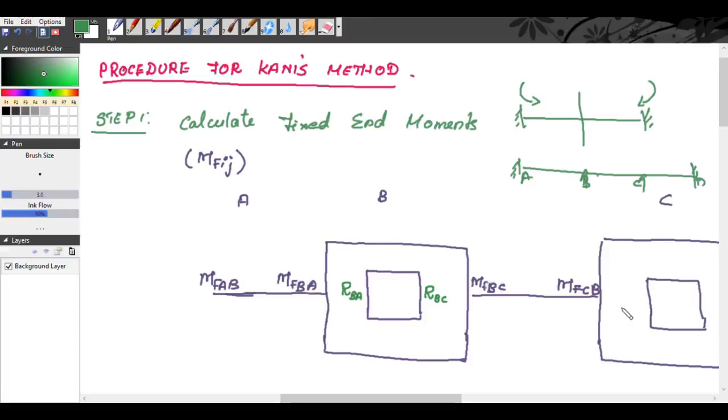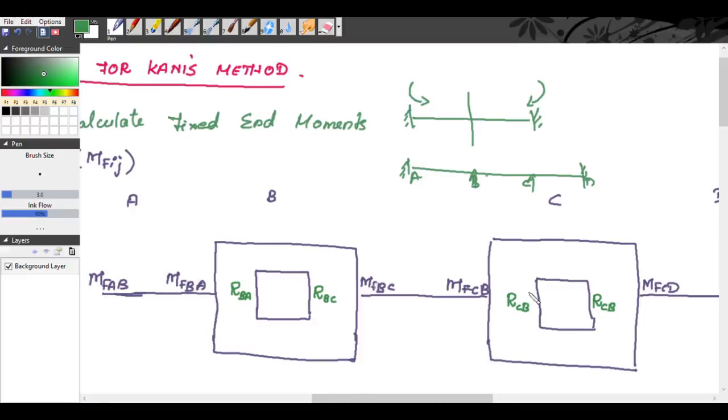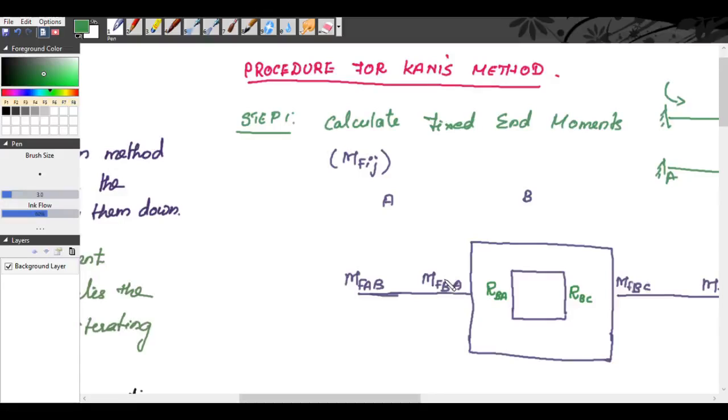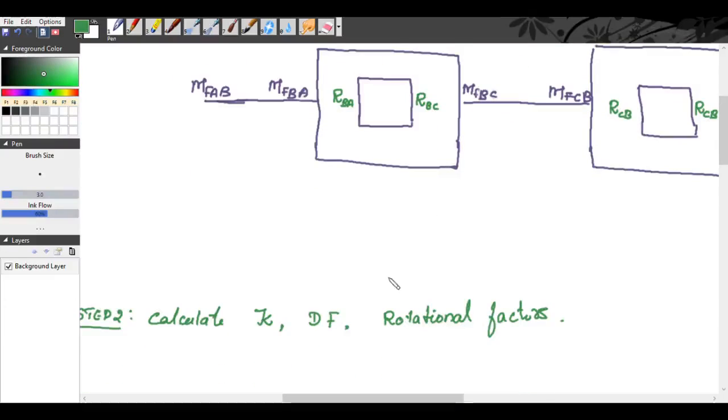At joint C, you will have rotational factors CB and CD, so you write the rotational factor CB here and the rotational factor for CD here. Okay, that is your step 2: find the rotational factors and write them outside of the inner box.